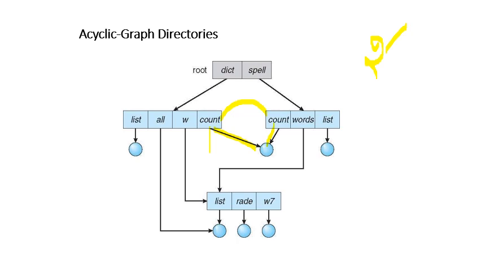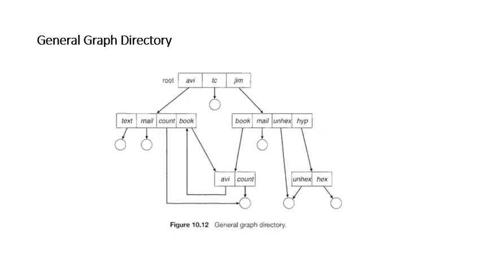So next, moving on to the general graph directory. So this is the general graph directory structure. Here cycles are allowed within a directory structure where multiple directories can be derived from more than one parent directory, as shown in the diagram.